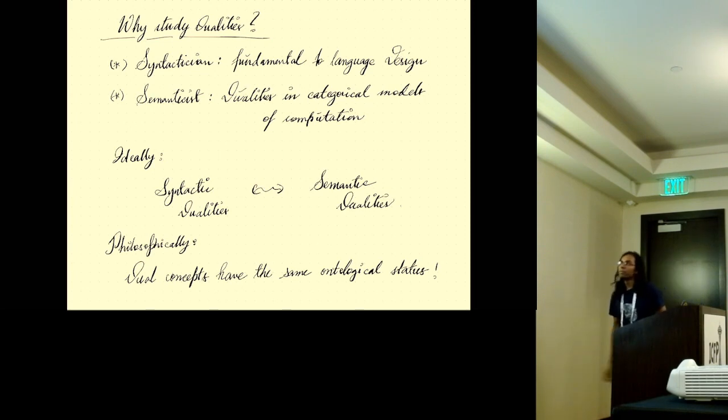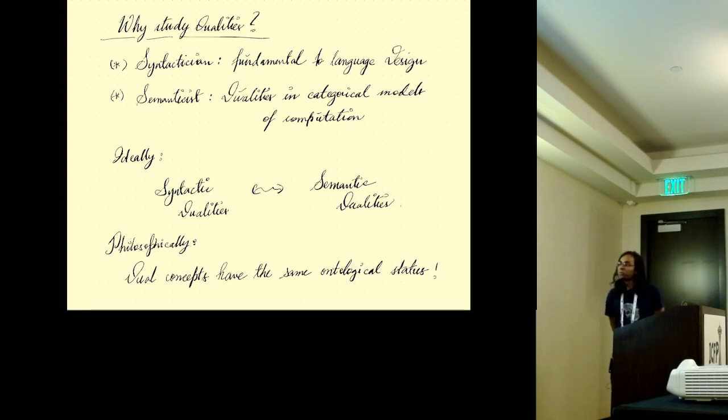And if you are a semanticist, then you realize that these syntactic dualities get reflected as categorical dualities in your language models. And in an ideal world, these should correspond in a very concrete sense.